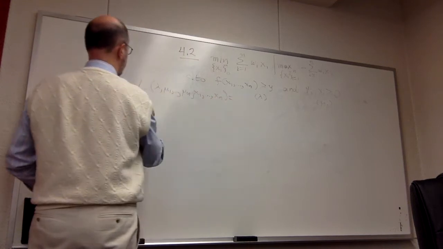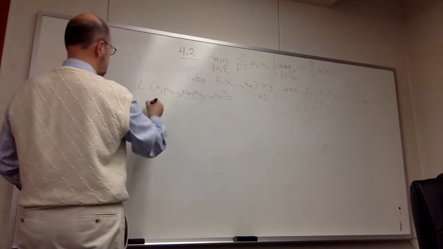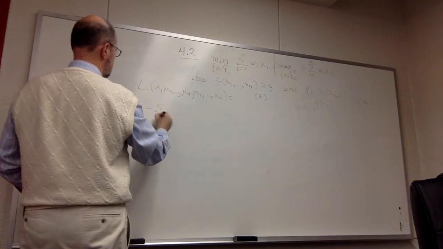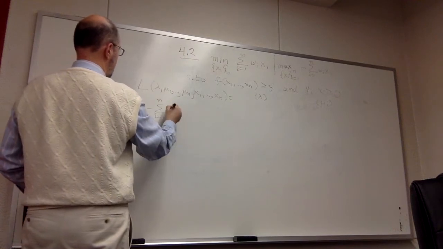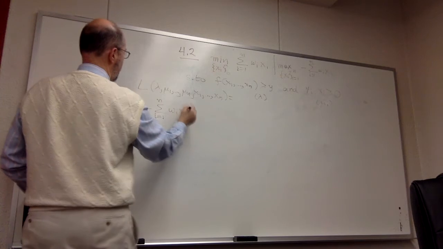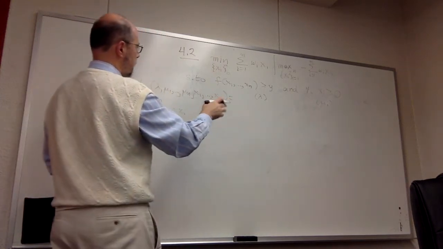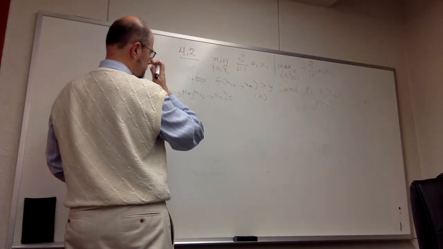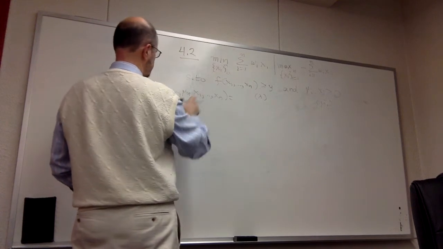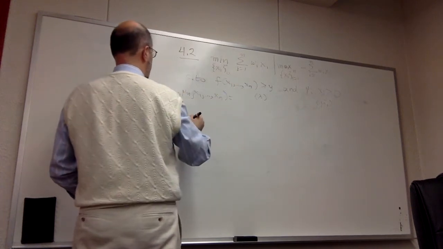And that function is, well, you take the objective, which is minus this sum, and then you have the constraints.